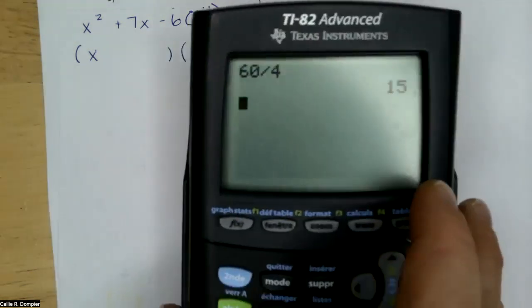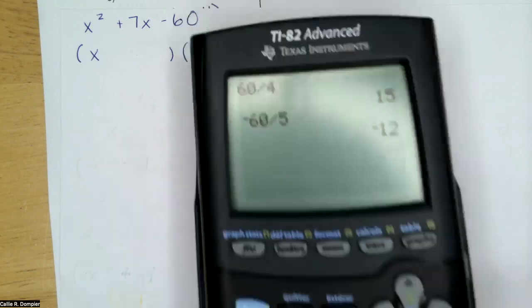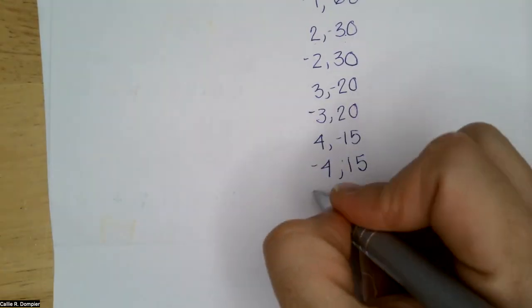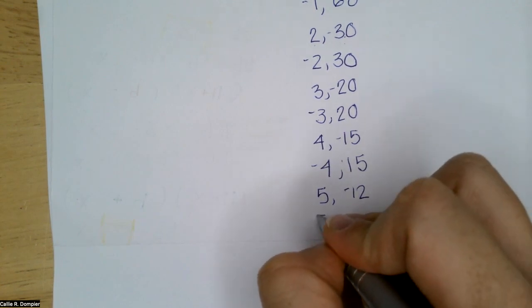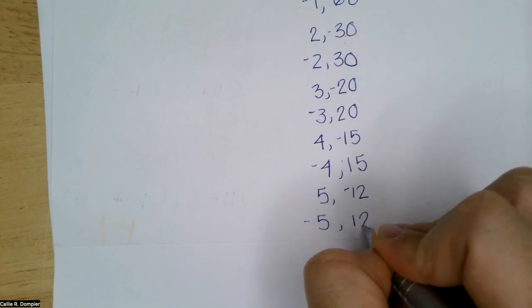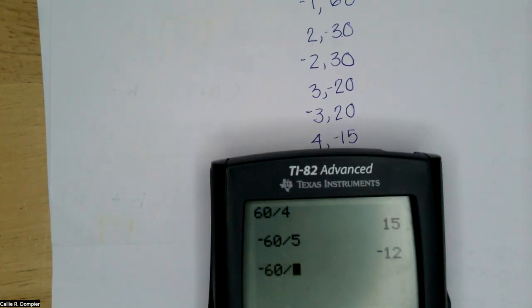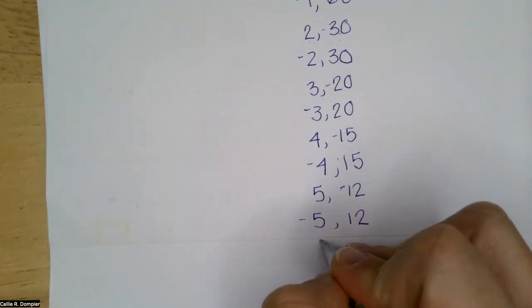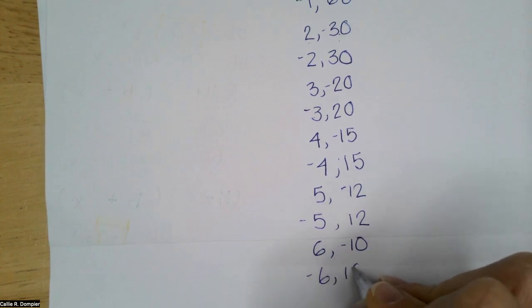Negative 60 divided by 5 is negative 12. Negative 60 divided by 6, I think we know that one, right? Negative 10. Yeah. 6 and negative 10, or negative 6 and positive 10.